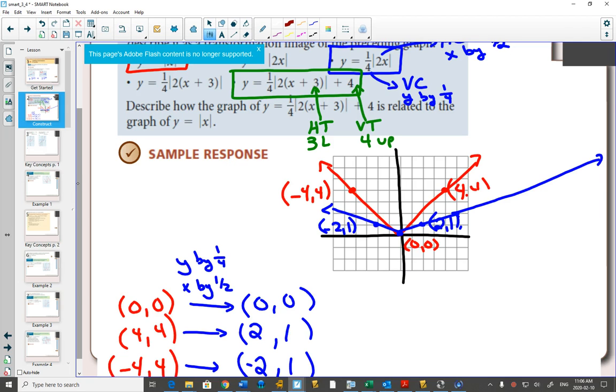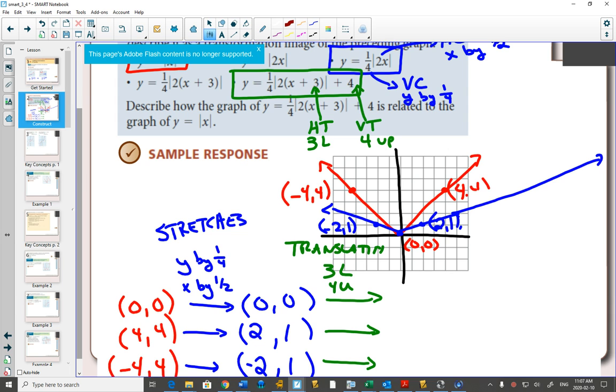So what we're going to learn is that when we have a whole bunch of things together, we're going to do our stretches and compressions first, and then we can show this 3 to the left and 4 up, our translations, second.